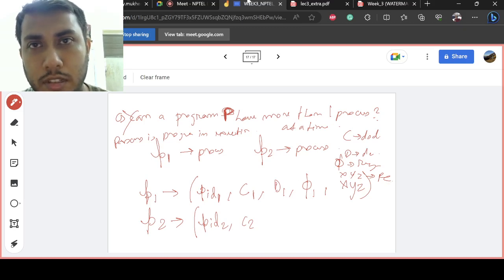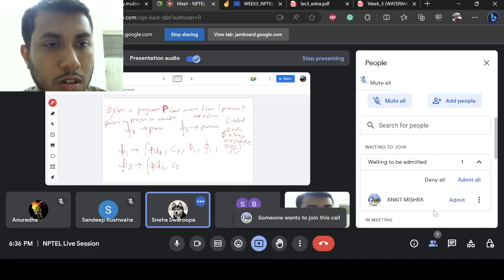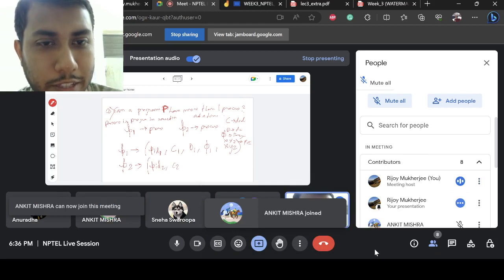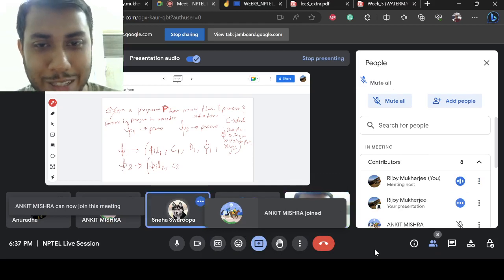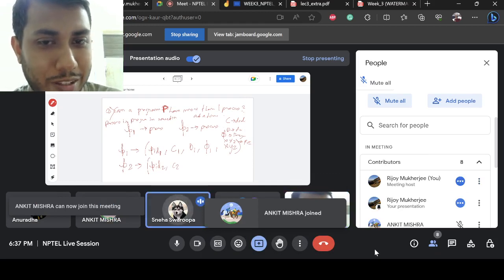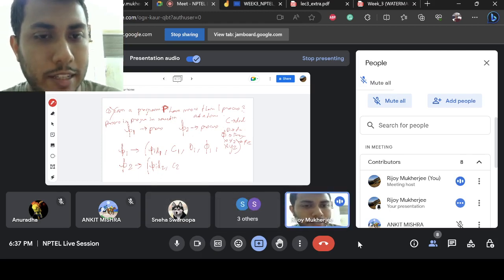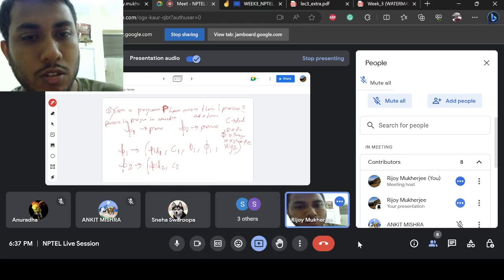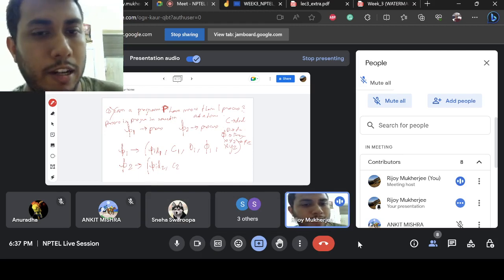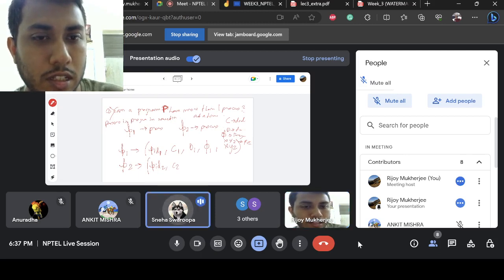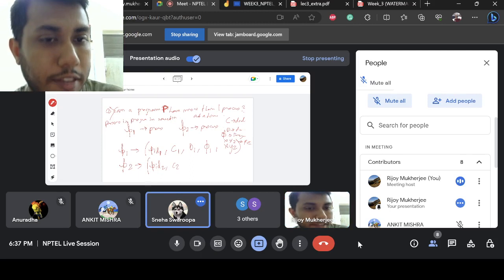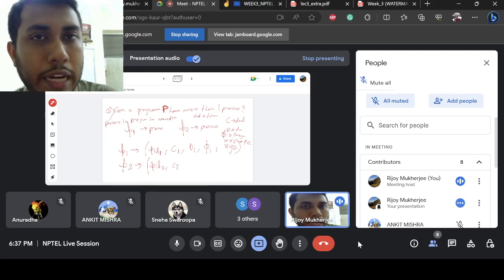You are running the same program, so the code will be the same, but the file data will be different. Yes, correct. So the code area will be the same.